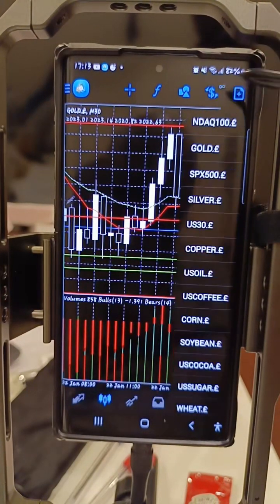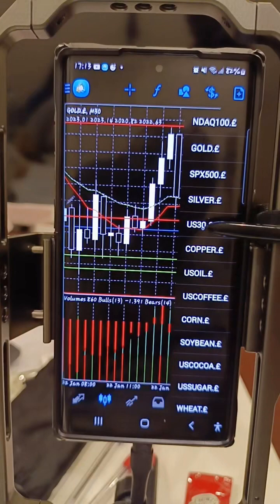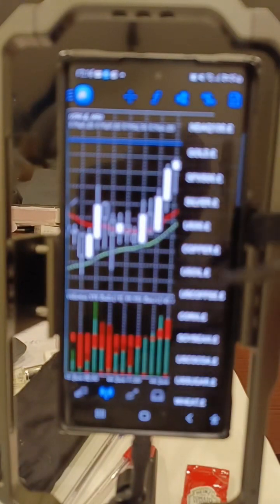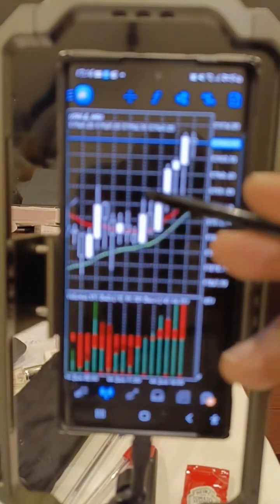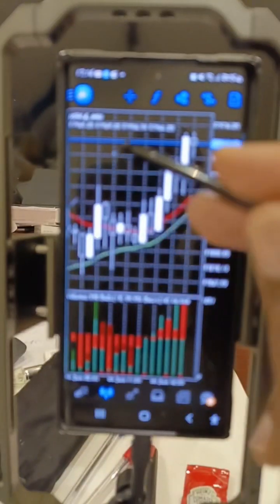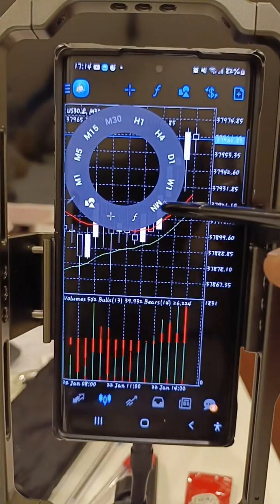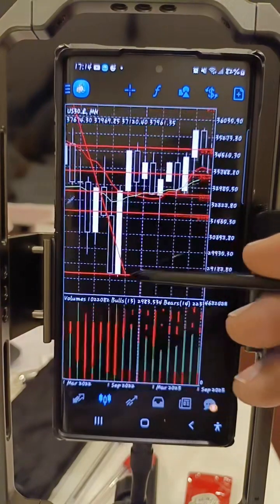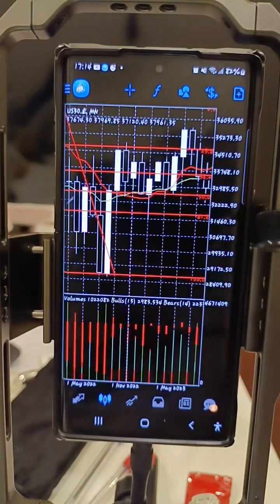For example, say I'm going to US 30, a new instrument on the block. What I do is find the instrument. I go to the month, and then I find the lowest and highest point and draw my fib.